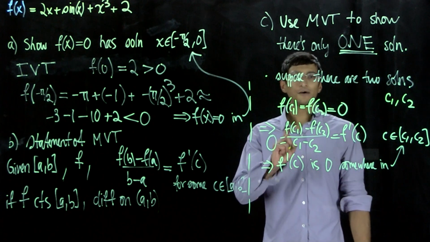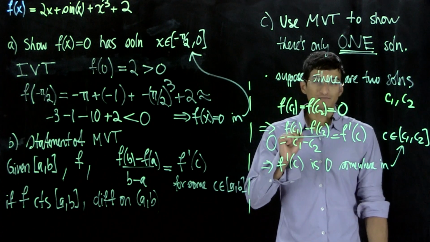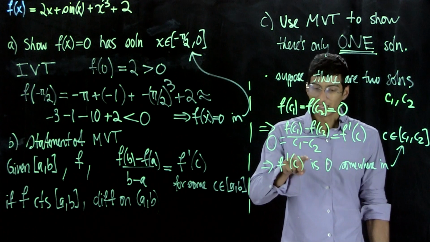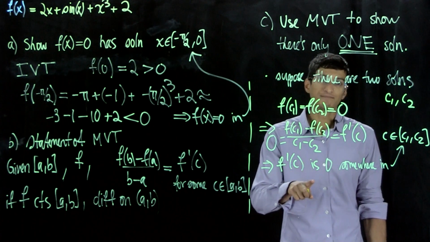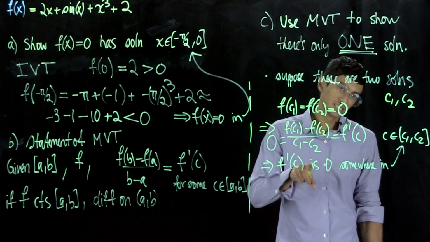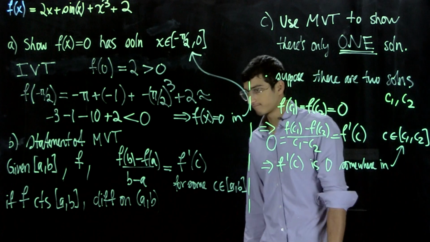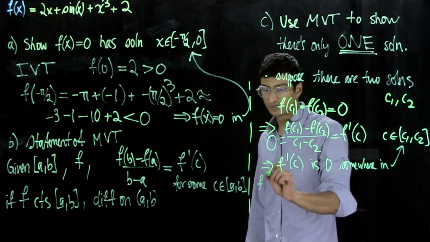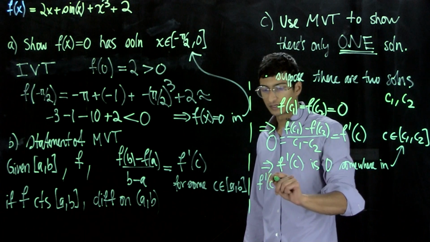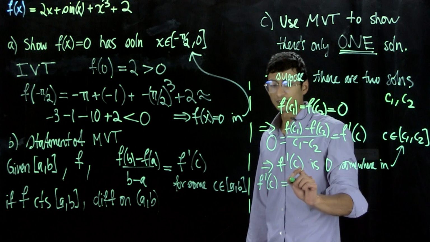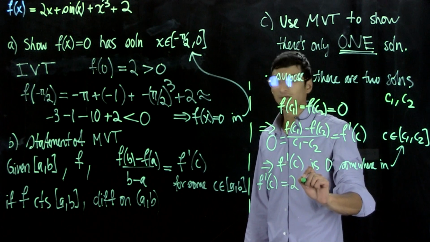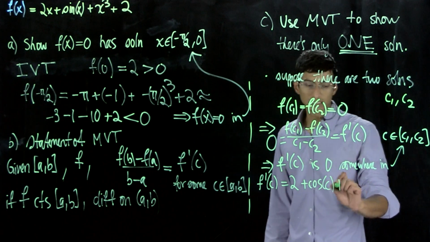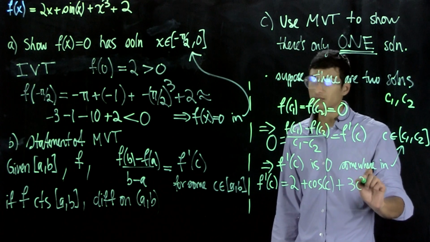Okay, now we're almost there. Let's show that f prime c is not 0 anywhere in this interval. That would be a contradiction to this. So f prime c, let's compute it. It equals 2 plus cosine c plus 3c squared.